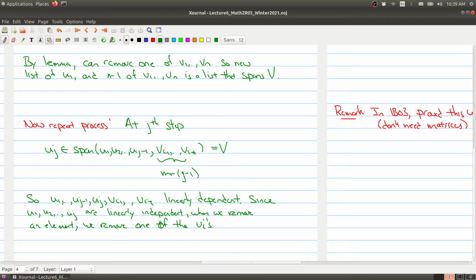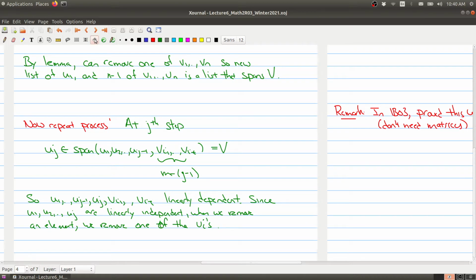Because the way the linear independence lemma says is, okay, look at the first guy, then look at the second guy. Is it in the span or not? Now, because the UIs are all linearly independent, right? When we add each of the UIs, it's not going to show up in any of the earlier linear combinations of the UIs. It's only when you get to the V's that you could probably write the V's in terms of what comes earlier. So you're removing one of the VIs.